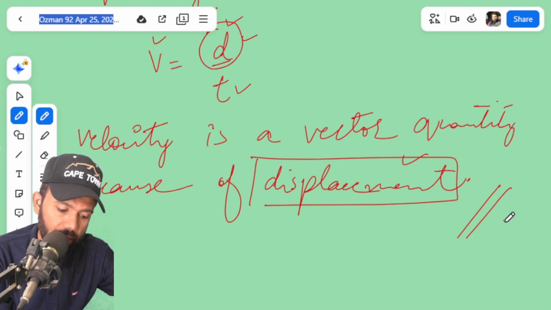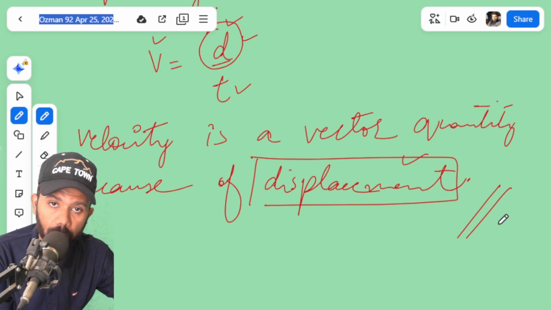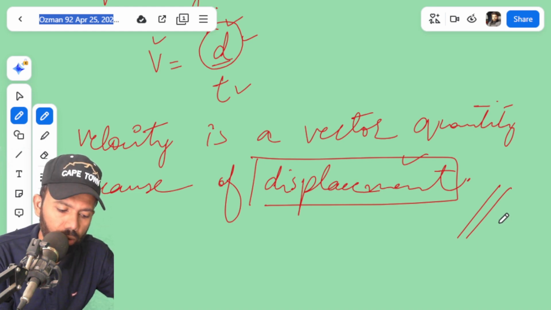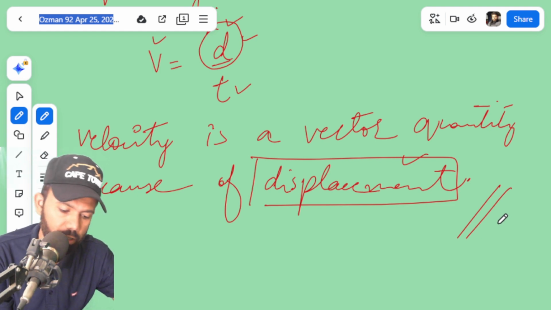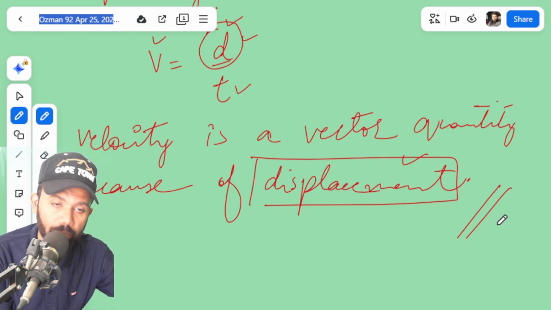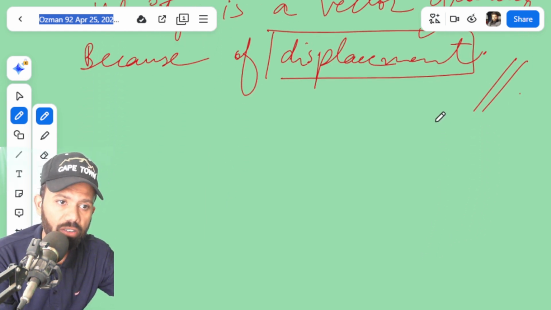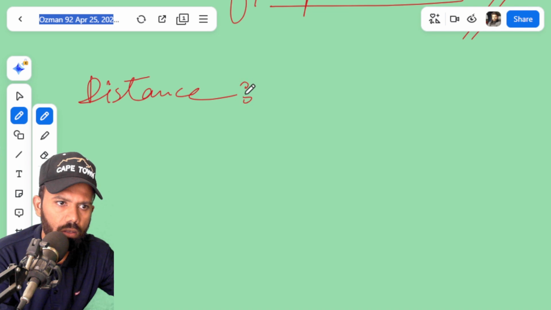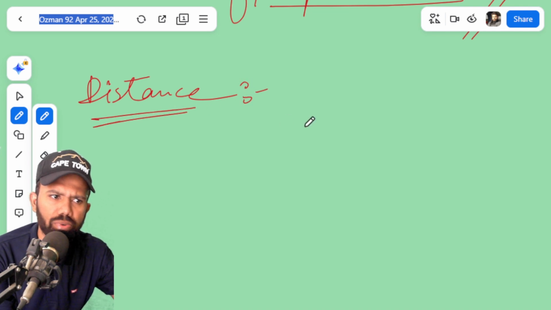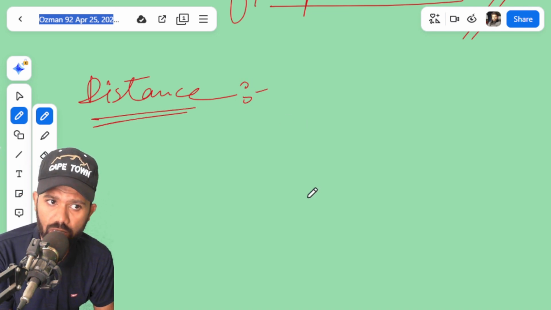Next we'll move on to distance, displacement, and then acceleration, and then we'll be studying how we use graphical methods to represent distance, displacement, speed, and acceleration, right? So next I'm going to discuss distance. You might have a very brief idea about distance. What is distance?